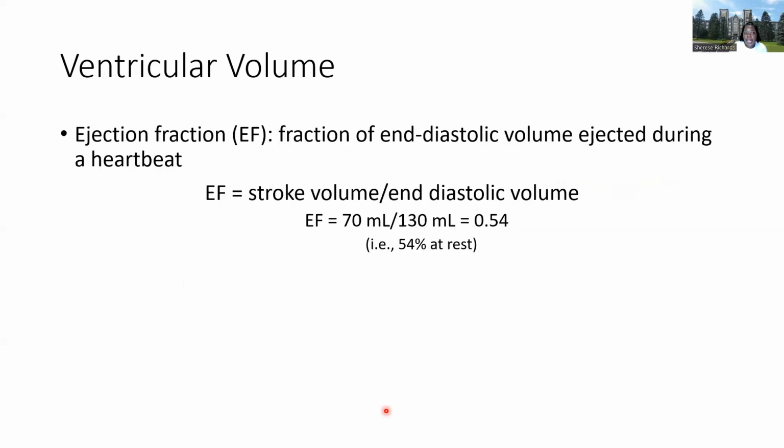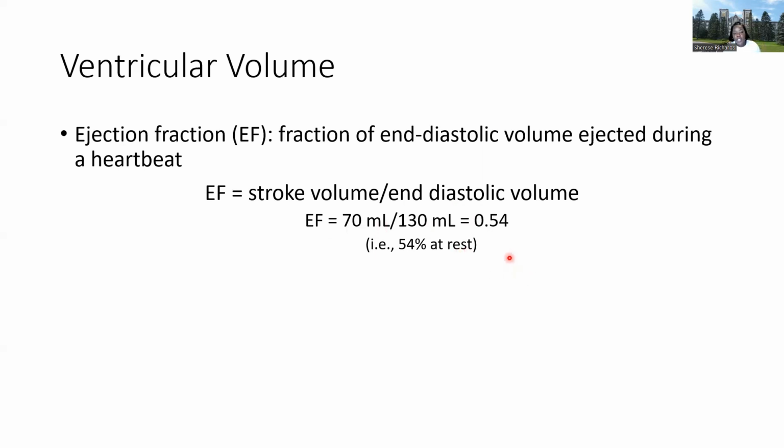On that basis, we can then begin to talk about the ejection fraction. So the ejection fraction is the amount of end diastolic volume that was ejected. So what proportion of the end diastolic volume was ejected? And in order to do this, we would simply do the stroke volume divided by the end diastolic volume, which is 70 divided by 130, and that would be 0.54 or 54%, and that's at rest.